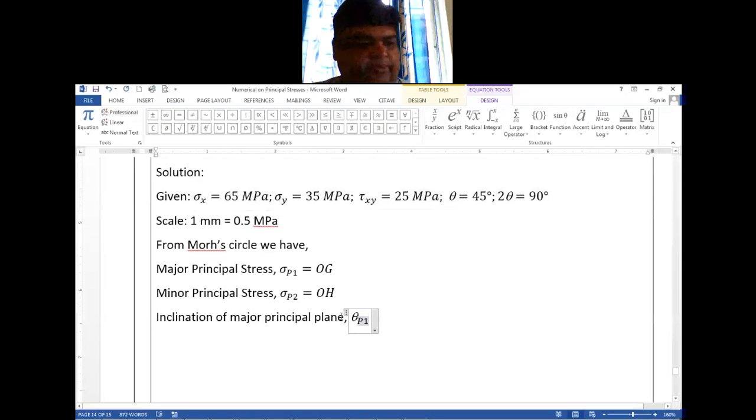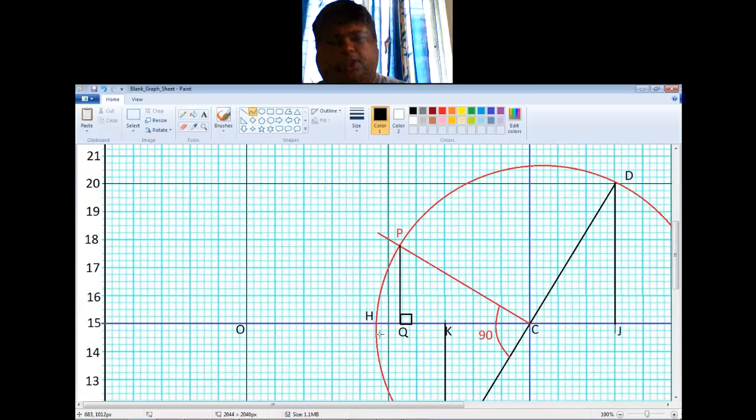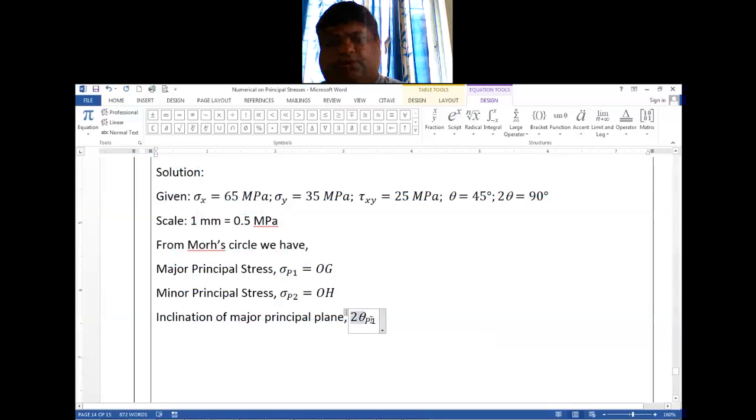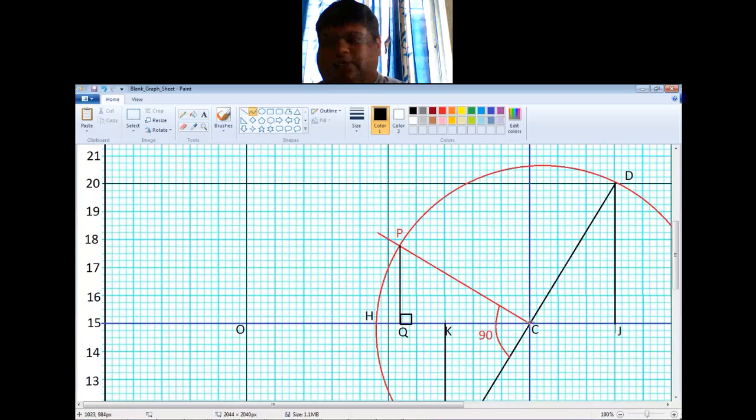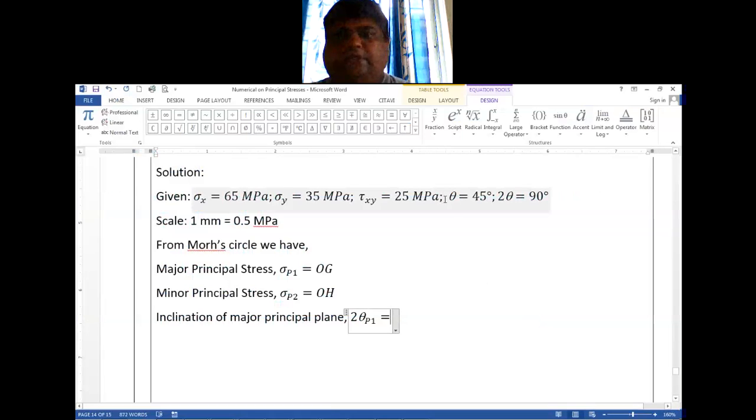Actually it is 2 theta P1, not just theta, because I have drawn this Mohr circle with angle 2 theta. So what you get for the principal plane is also 2 theta P1, right? So 2 theta P1 is angle JCD.